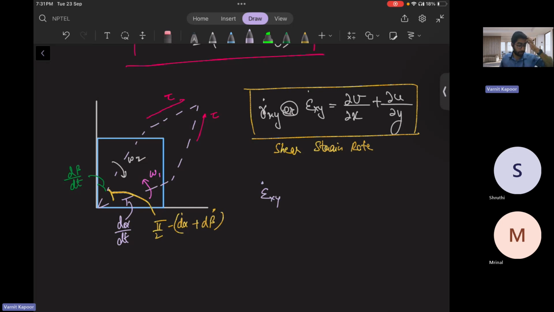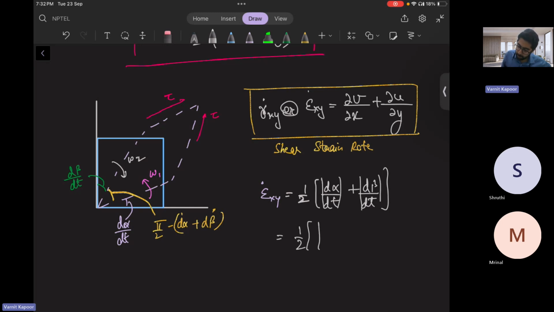So epsilon xy dot is nothing but half of d alpha by dt plus d beta by dt, that is half of that magnitude, dou v by dou x plus dou u by dou y.